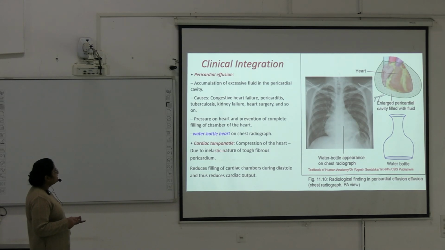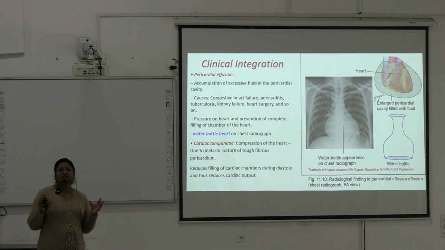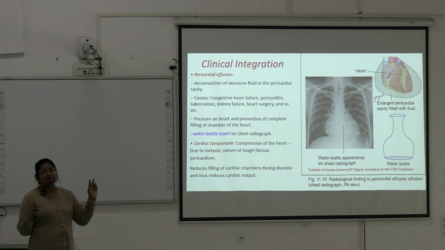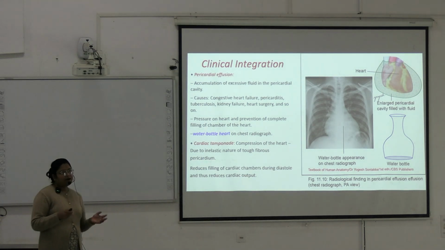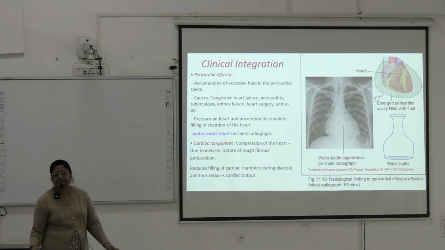What is cardiac tamponade? This is also asked in your viva, important term. In pericardial effusion, the accumulated fluid will give pressure on the heart, okay, because the fibrous pericardium is non-expandable, okay. So the heart can only expand within the pericardial cavity, okay.